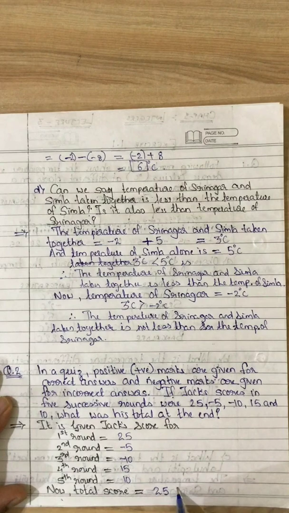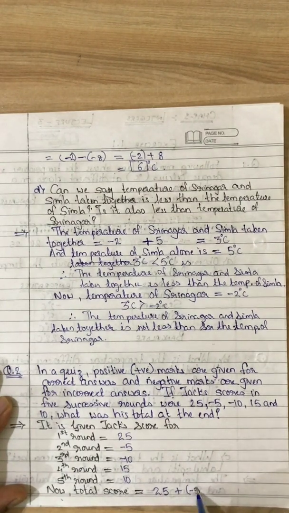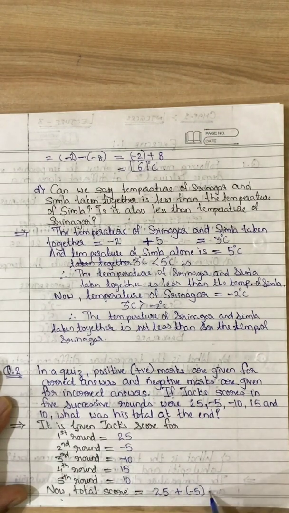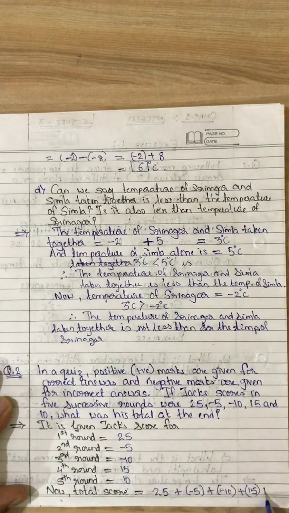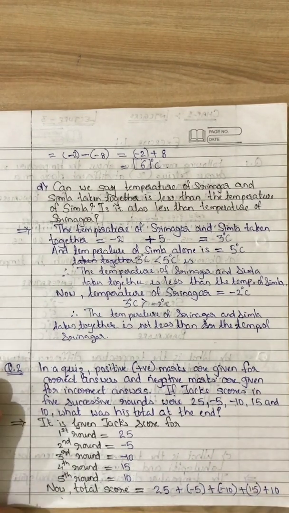25 plus -5. Please put the negative integers inside the bracket. Plus -10 plus 15 plus 10. Now take the negative integers one side and positive integers one side.